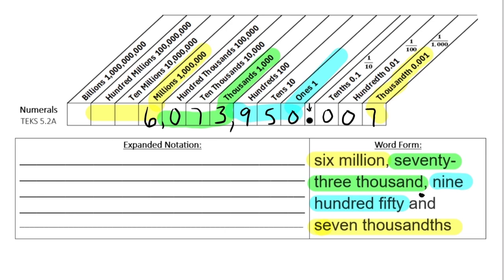Now that I wrote it in numeral form, I am now going to write it in expanded notation, okay? So let's start. I have a 6, and that 6 is inside my millions place. I just copy that number just like it's already written.